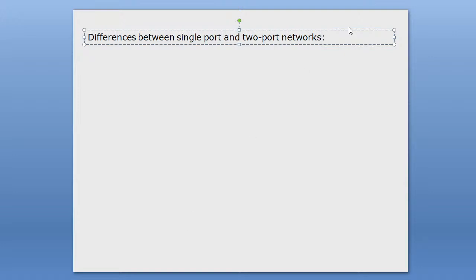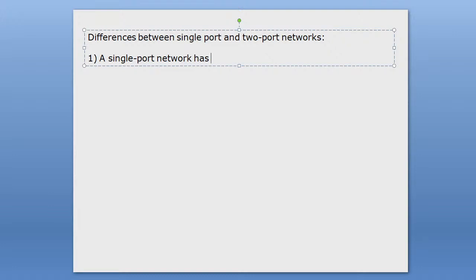Let me write here the difference between a two-port network and a single-port network. First point: a single-port network means one port, and it has two terminals.